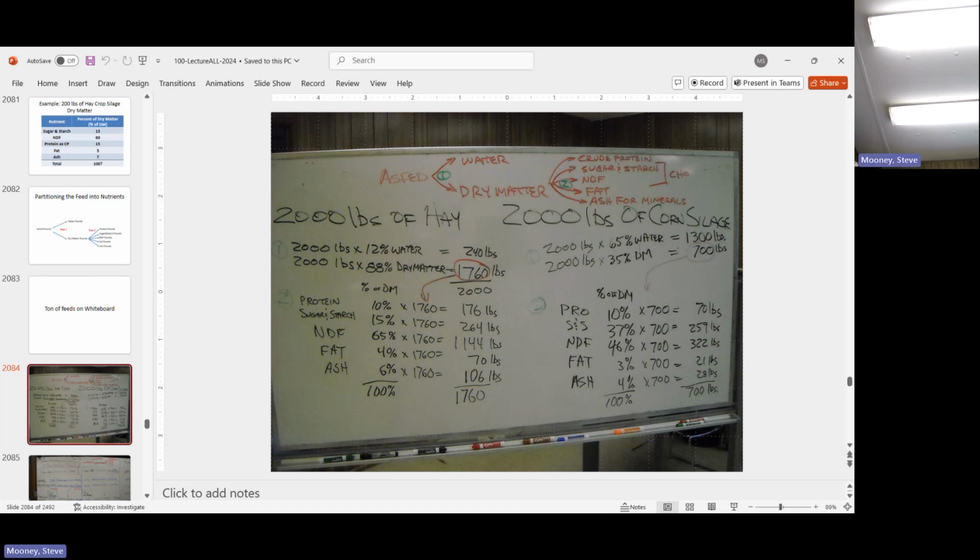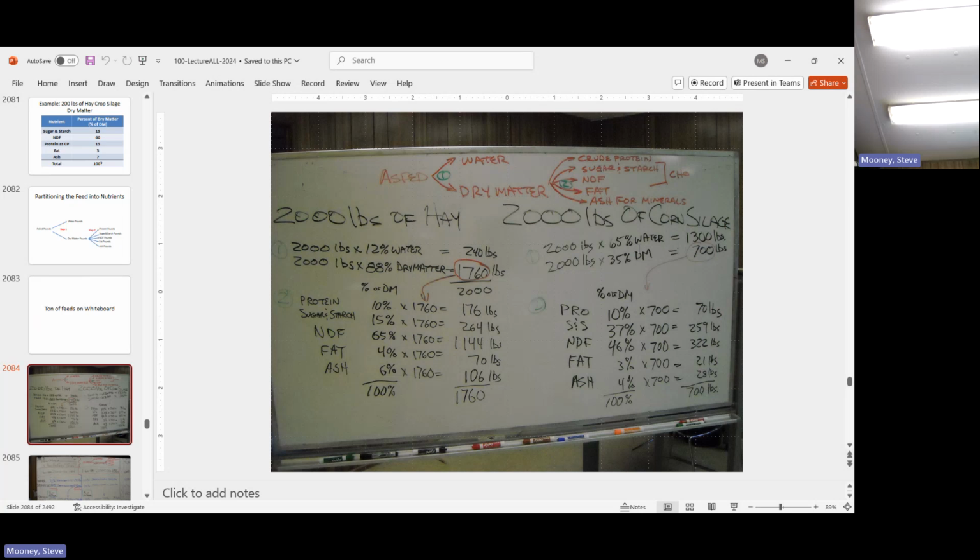So that's step one. We take our as-fed and split it into water and dry matter. Step two, we want to split up the dry matter into the component fractions. So we're looking at what percentage of the dry matter is each of the nutrients we're dealing with.